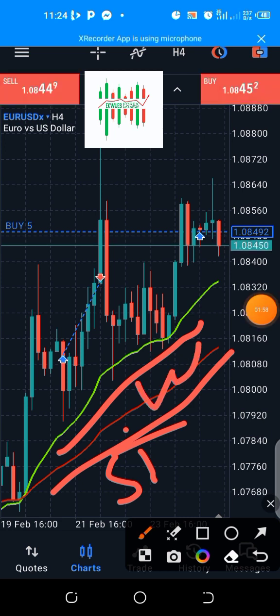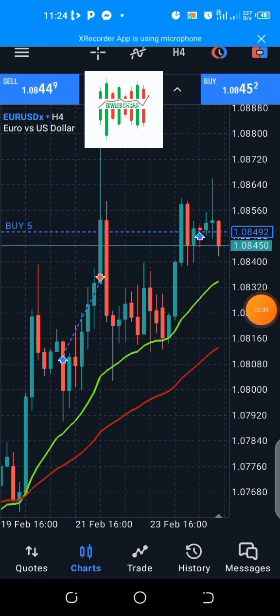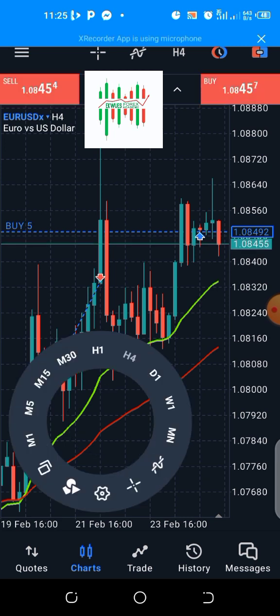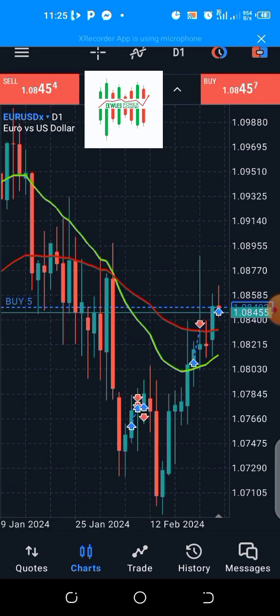So that is that. Upon opening your chart, note it should be in the morning at the beginning of the London session. You move straight to the daily time frame, and what do you see?